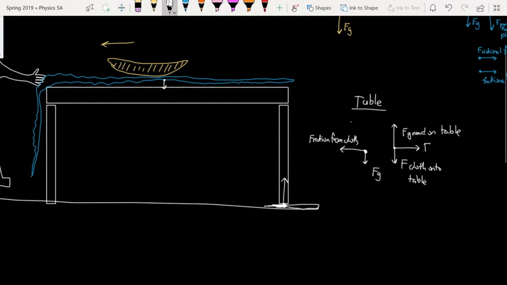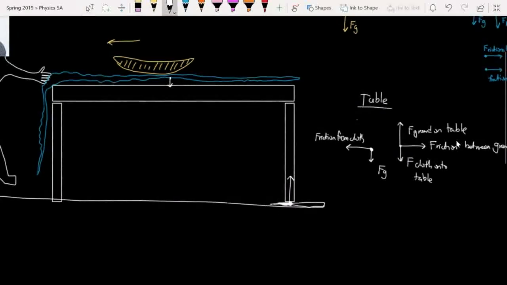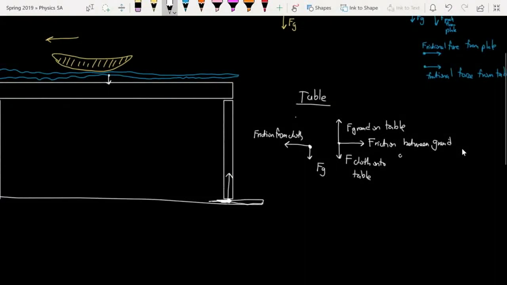Let's call that friction between ground and table.